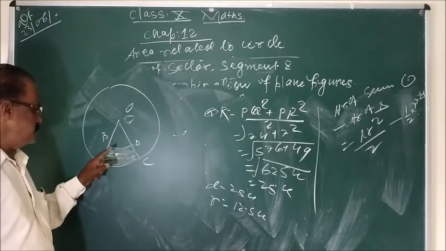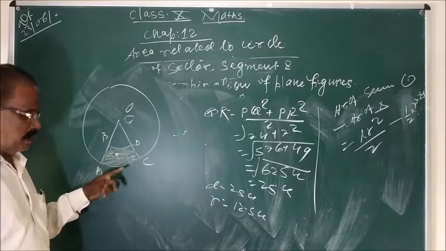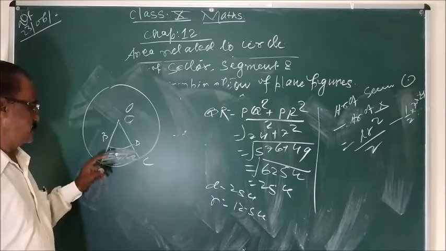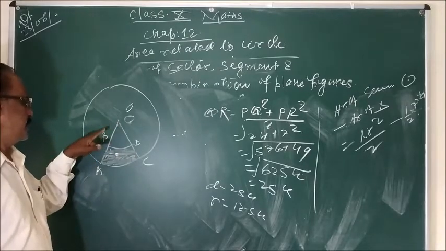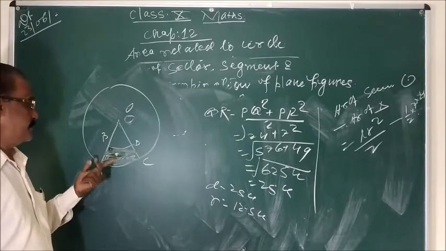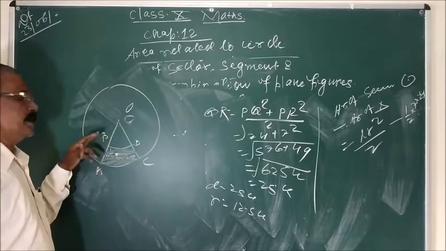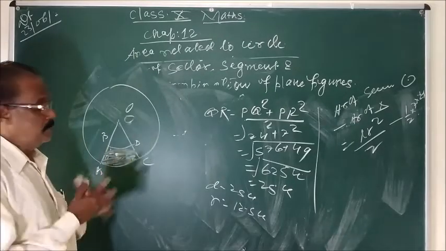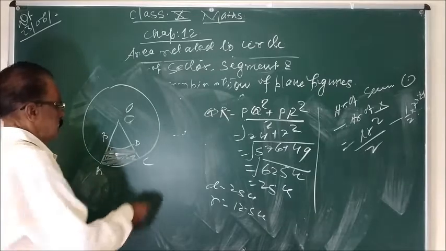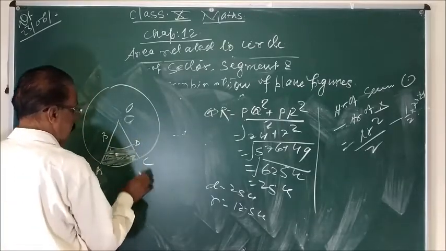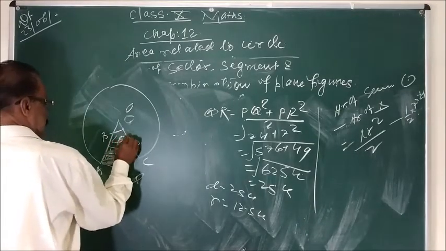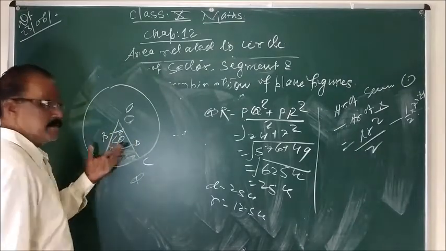The area of this shaded portion will be equal to the area of sector OAC minus the area of sector OBD. If you subtract, a radius is given: OB is the radius for the smaller sector, and OA is the radius for the bigger sector. So you will find the area using theta, and the angle is given in the question. The angle is 40 degrees.